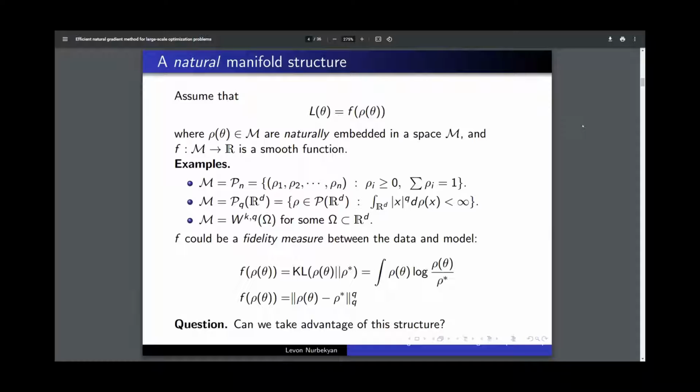Or it's naturally embedded in, let's say, a continuous probability space. Or you might have Sobolev spaces or whatever. So you have some information on the space where your forward model is mapping, and your F could be a fidelity measure, data fitting, and you can think about KL divergence or L2 norms, something like this.